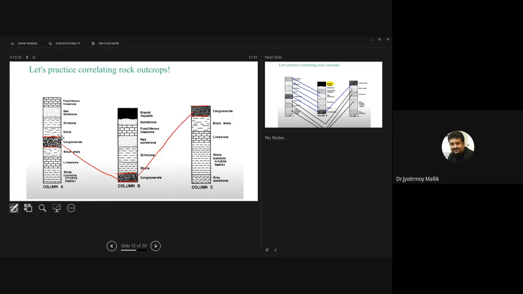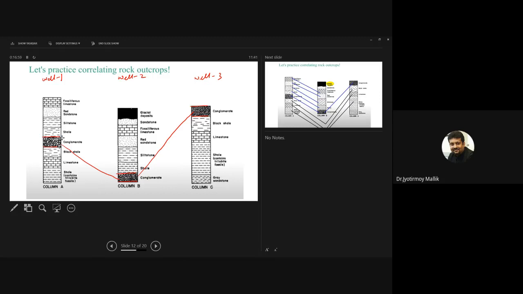Now you see that this is well one, well two, well three. You can see in well 3, I don't have any younger stratigraphy over conglomerate. So in well 3, conglomerate is my youngest horizon.